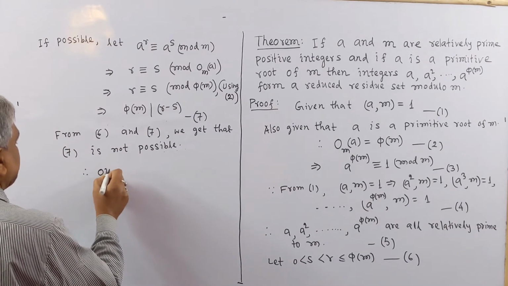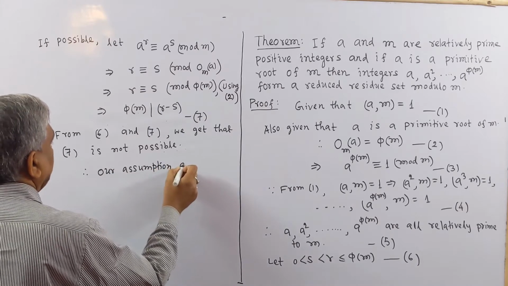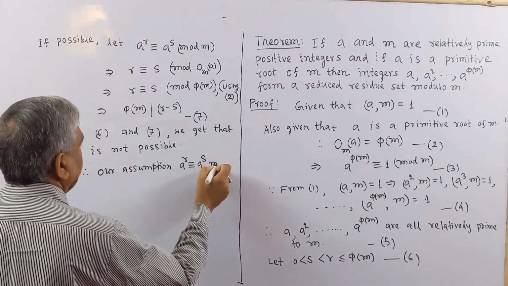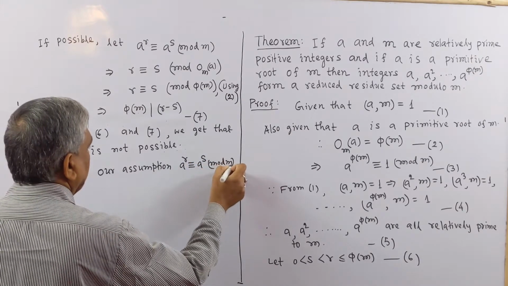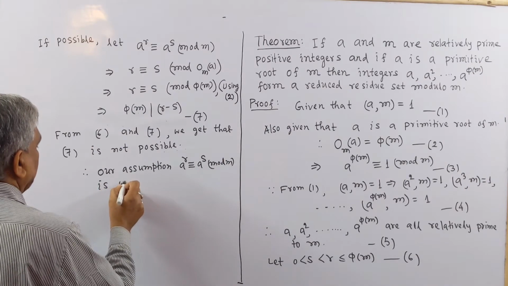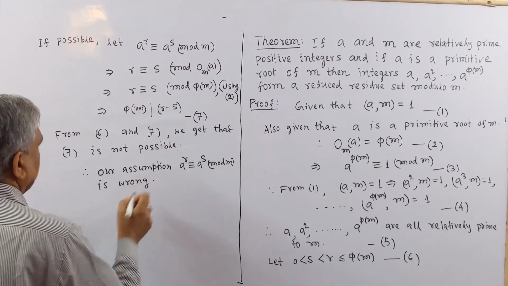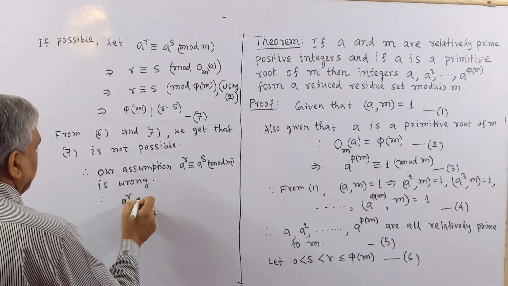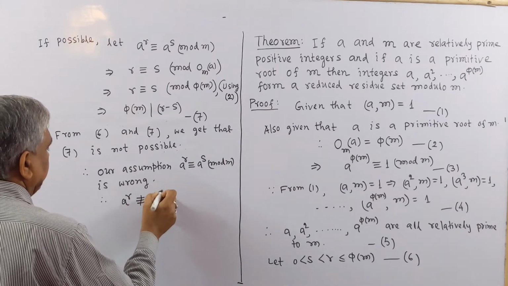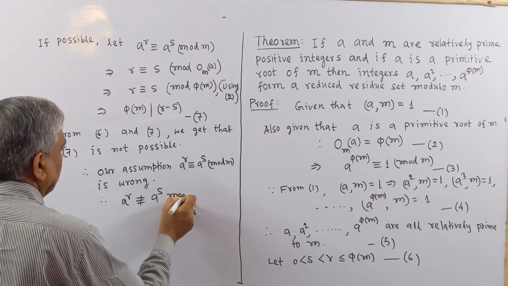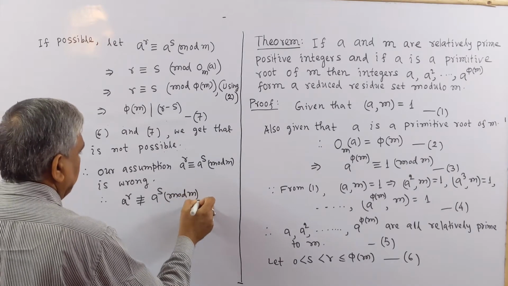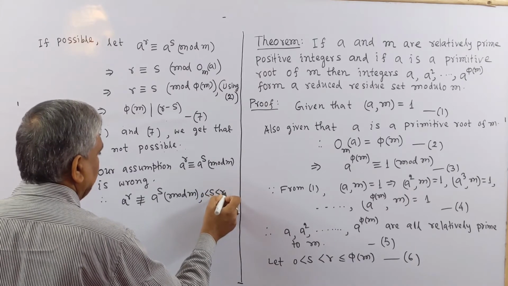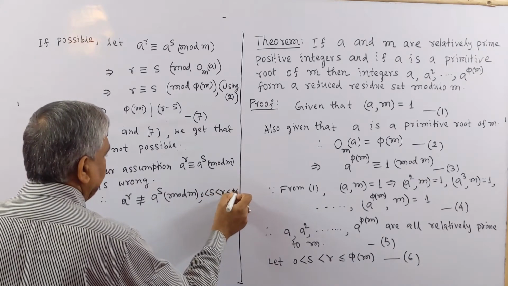Therefore, our assumption a to the power r is congruent to a to the power s modulo m is wrong. Therefore, a to the power r is not congruent to a to the power s modulo m for s is greater than 0, less than r, this is less than phi m.